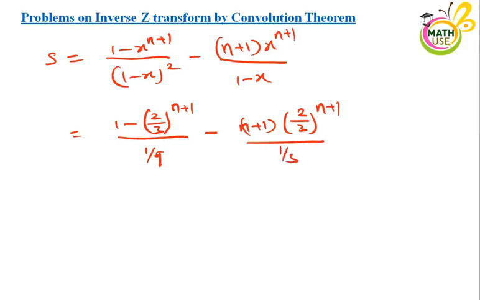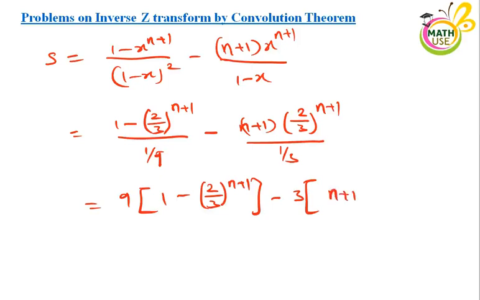So taking this 9 to the numerator part, so 9 into 1 minus 2 by 3 the whole power n plus 1, minus, taking this 3 to the numerator, 3 into n plus 1 into 2 by 3 the whole power n plus 1. Now take this 9 inside.